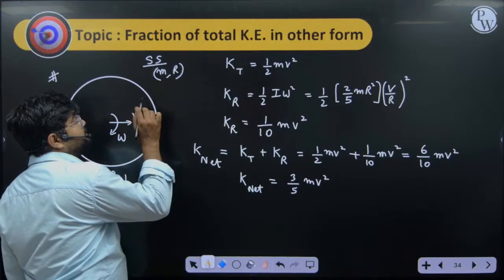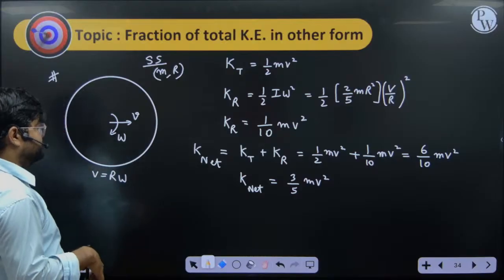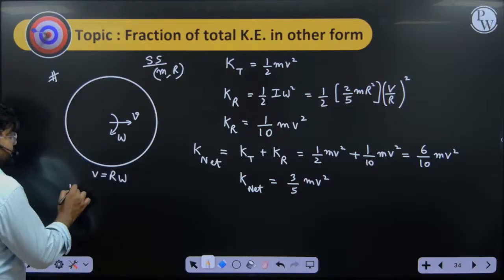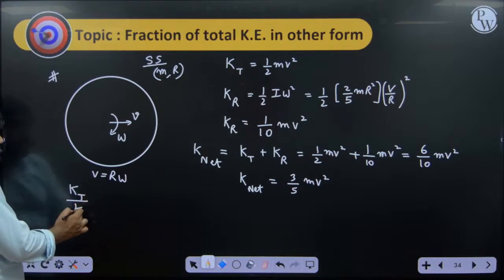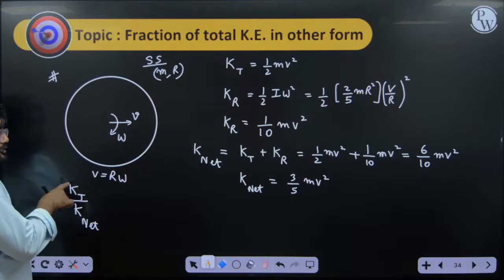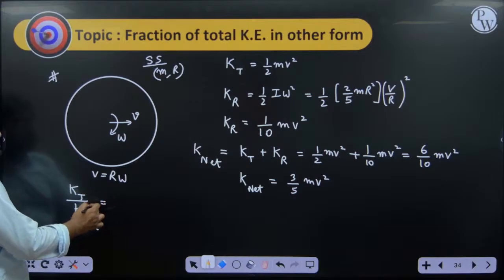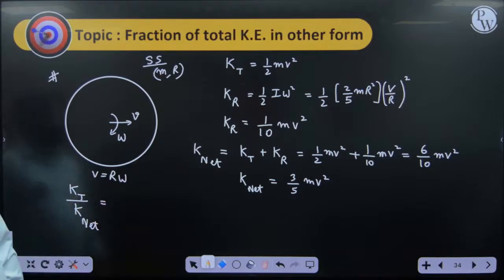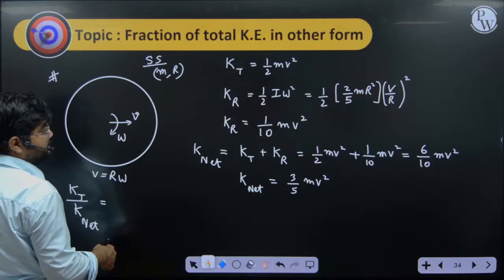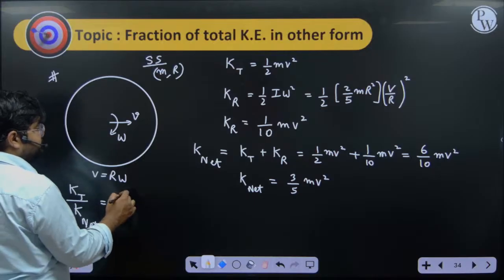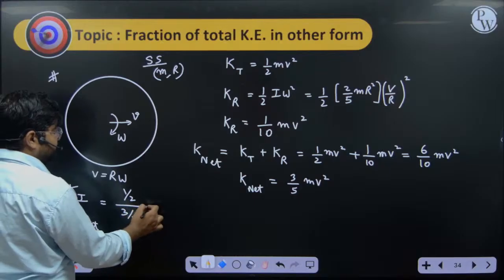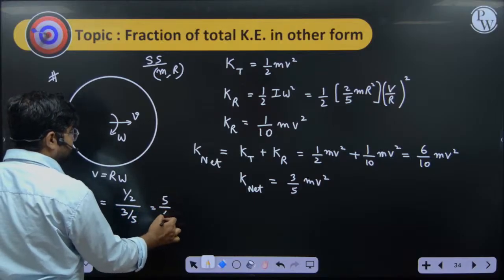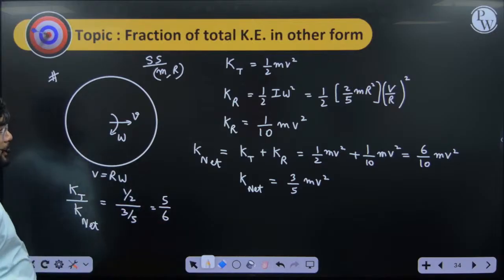Now, fraction of total kinetic energy in other form. If I were to find how much fraction of translational kinetic energy is there in the net kinetic energy, I'll have to find this ratio, translational by net. Translational is half mv square, net is 3 by 5, so you will have half divided by 3 by 5, which is 5 by 6.